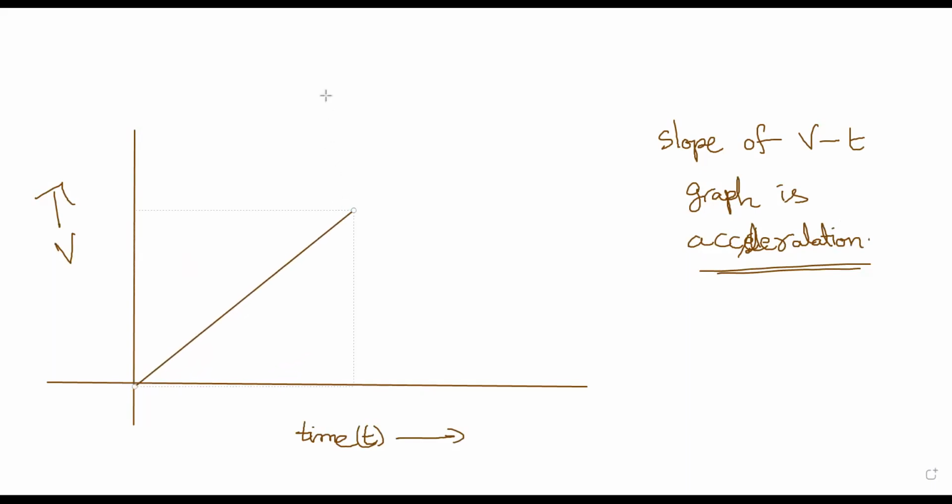Initially it had an acceleration, and after a certain time it will reach a certain point. So after accelerating, definitely the velocity will increase up to a certain point. That is my Vmax.